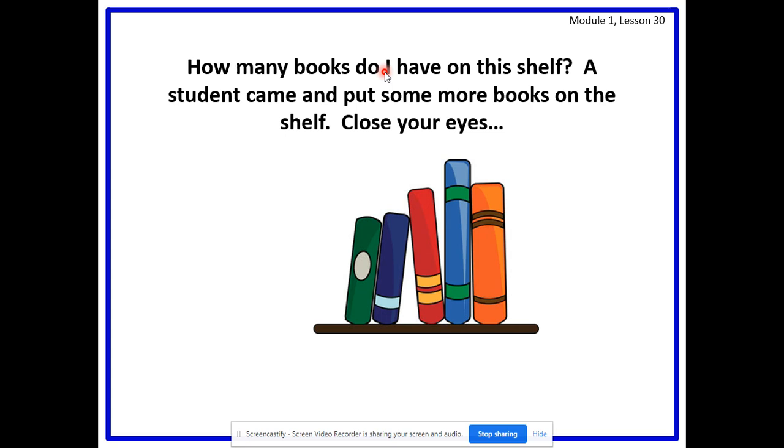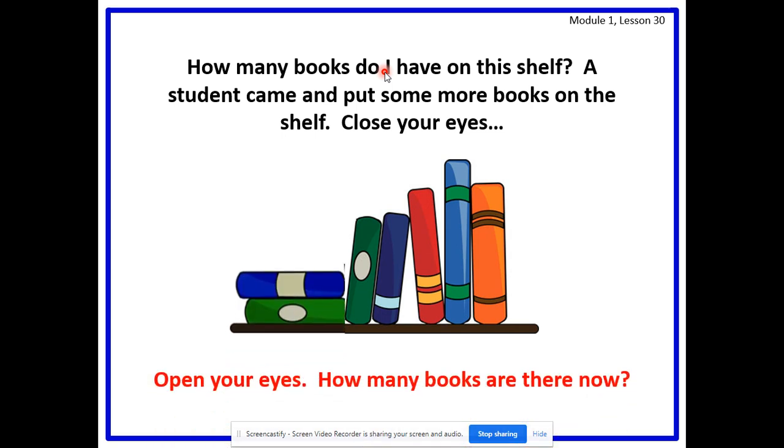No, right? We just know that a student came to drop off more books. So go ahead and close your eyes. No peeking. Open your eyes. How many books are there now? Get ready. Yes, 7 books. Remember to say the unit, 7 books. 1, 2, 3, 4, 5, 6, 7.